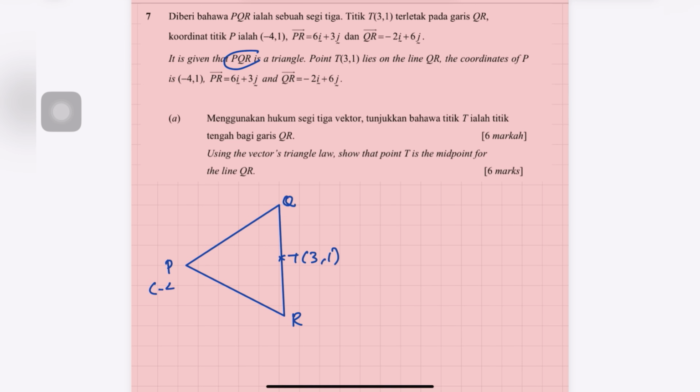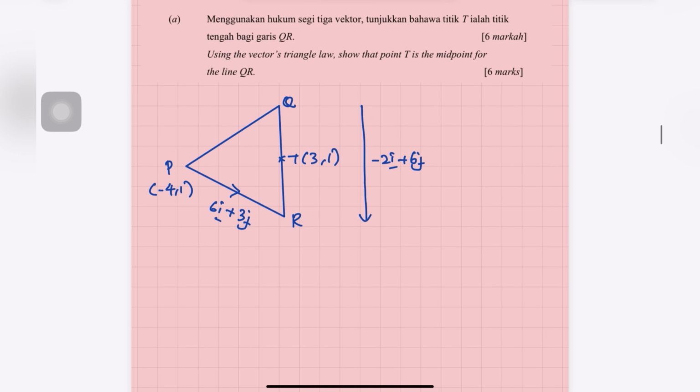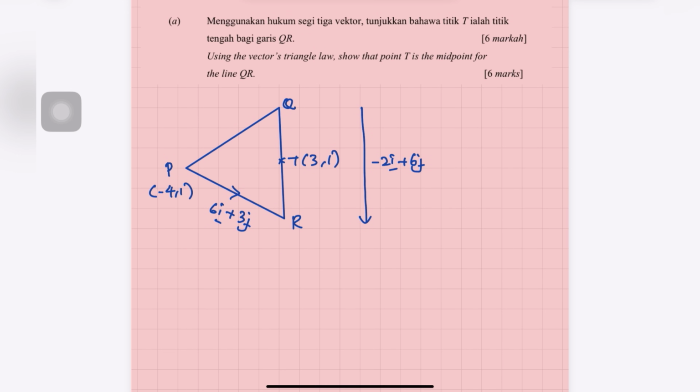PR, okay, we label the arrow from P to R, 6i plus 3j. Okay, QR, like this is -2i plus 6j. Okay, so then we are going to prove that T is midpoint of QR.